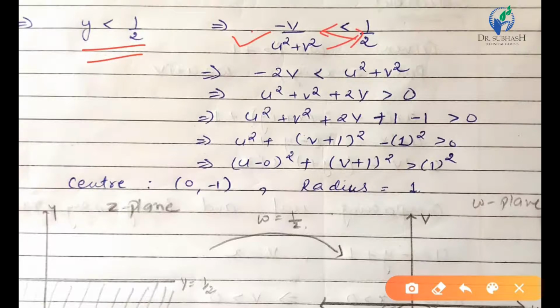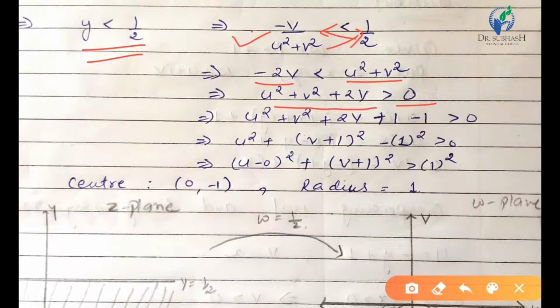So here it will be minus 2v less than u square plus v square. Taking minus 2v to the other side, we get u square plus v square plus 2v, and it will be greater than 0. Now again we have obtained the equation of a circle.